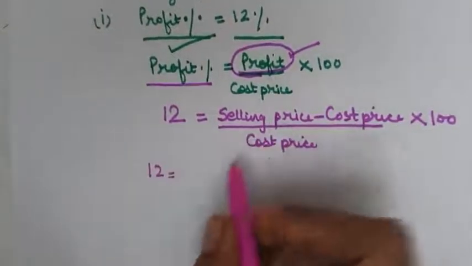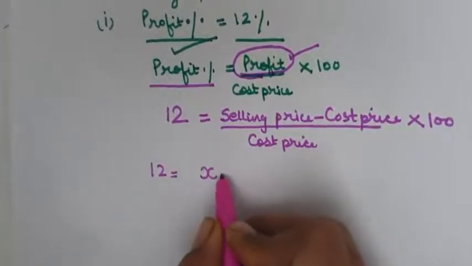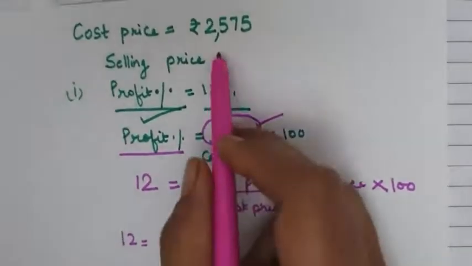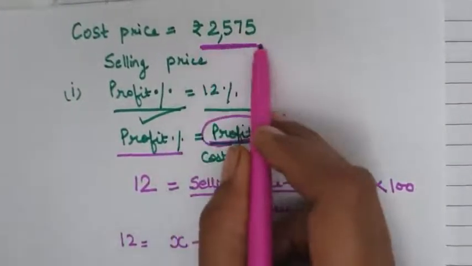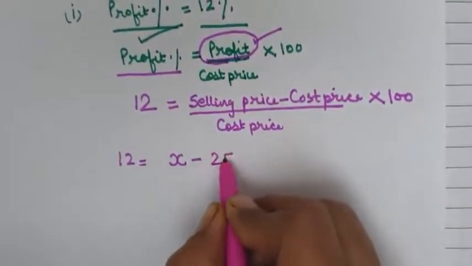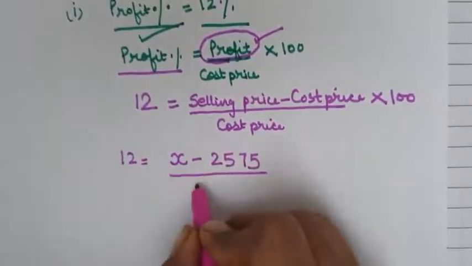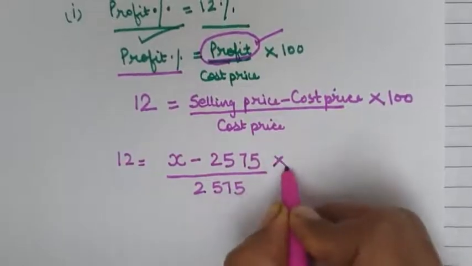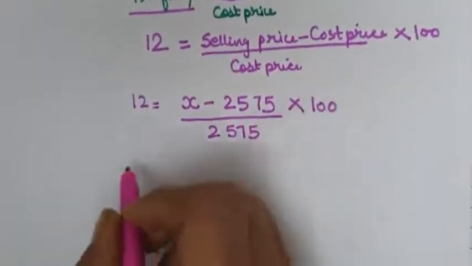Selling price we have to find out, so let us suppose it x, and the cost price is given to you, 2575. So let us put its value: x minus 2575 upon 2575 multiply 100.